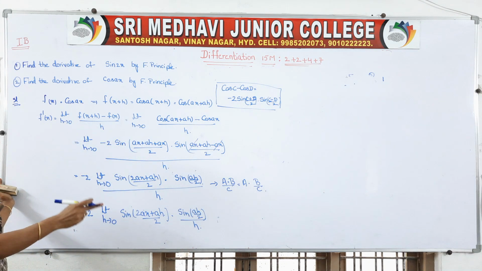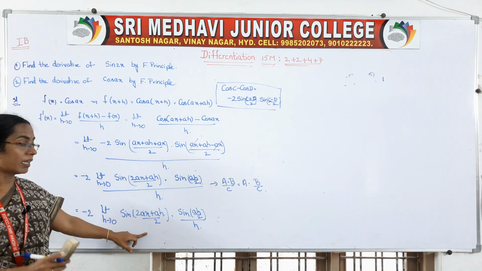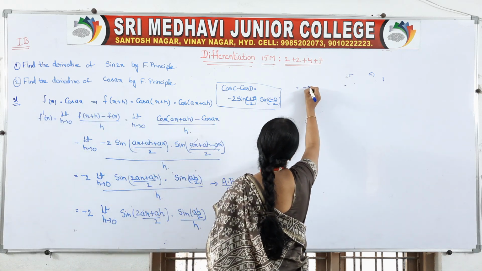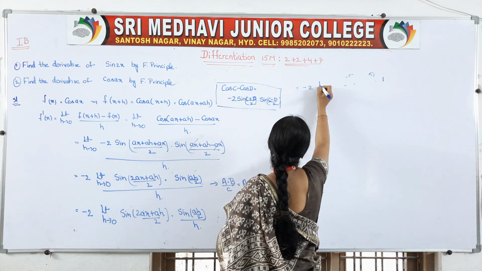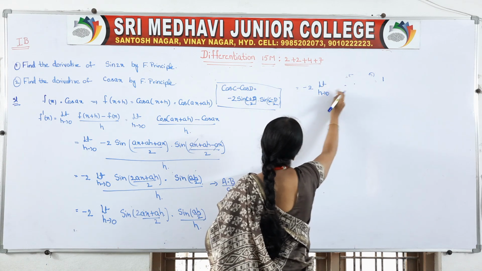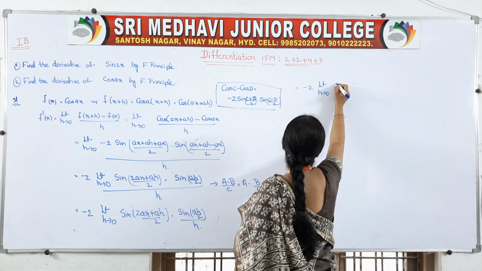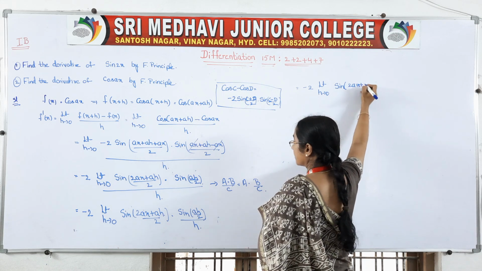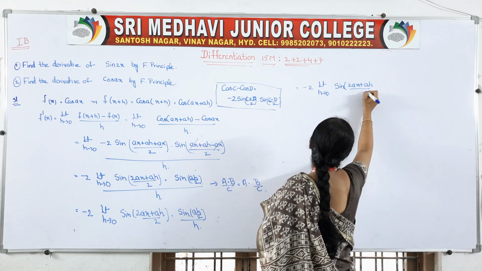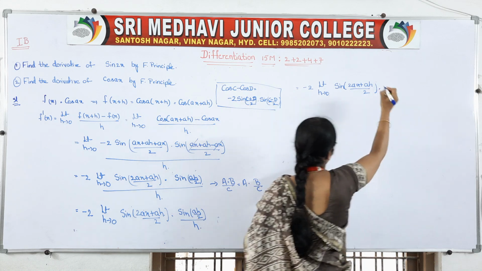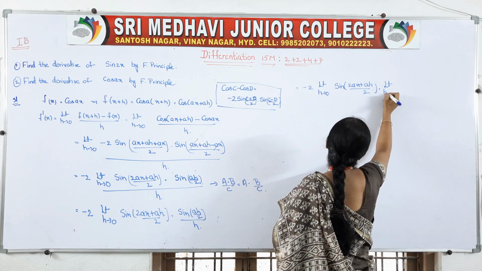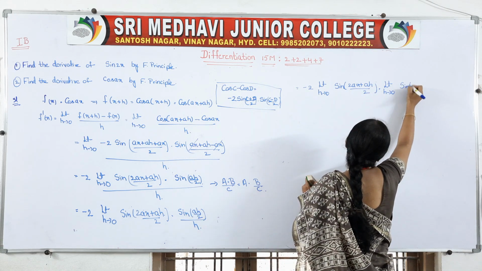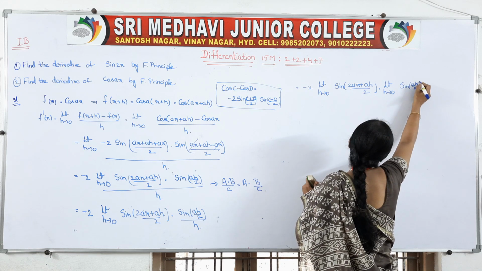Okay, a into b by c form. Now apply the limit separately. So it is equal to minus 2 into limit h tends to 0 sine of (2ax plus ah) by 2 into the limit h tends to 0 sine of ah by 2 by h.